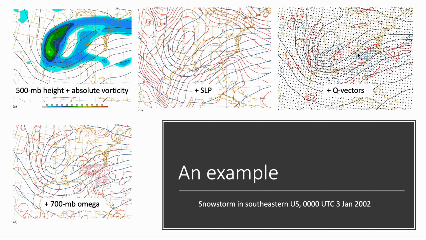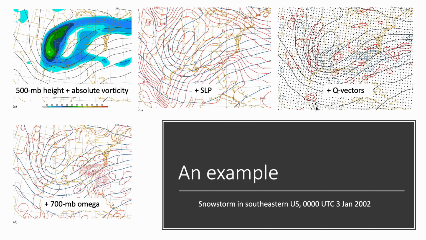And so we find that over here we have pretty strong ascent on the East Coast, but over here, eastern Texas and sort of Arkansas, Louisiana area, the Q vectors suggest that there is pretty strong ascent over there.